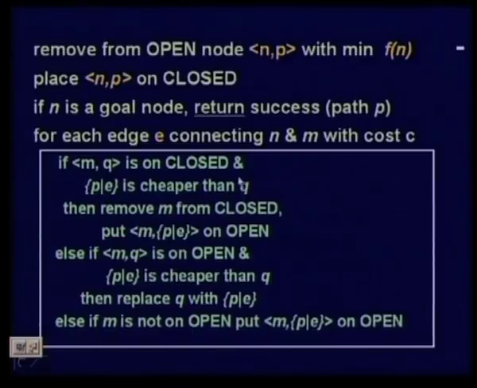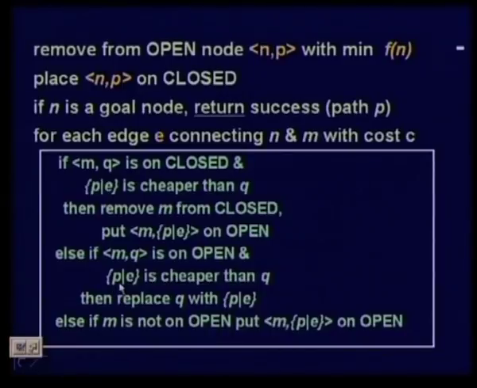But if M, Q is on closed and the current path is cheaper than Q, we remove the node M from closed and put the new node, whose state is M and whose path is P concat E, on open.